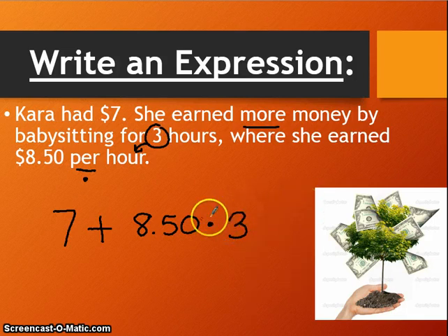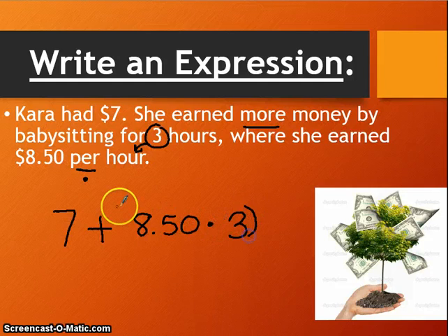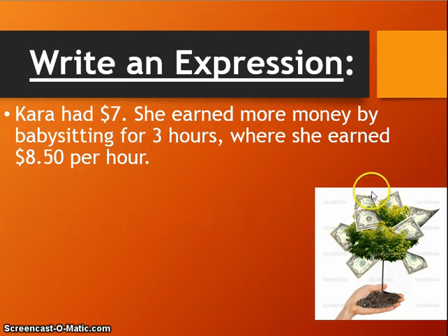Now, order of operations says we would have to multiply first, but if you wanted to, you could put parentheses around here. You wouldn't have to. Okay? There's an example of a numeric expression.